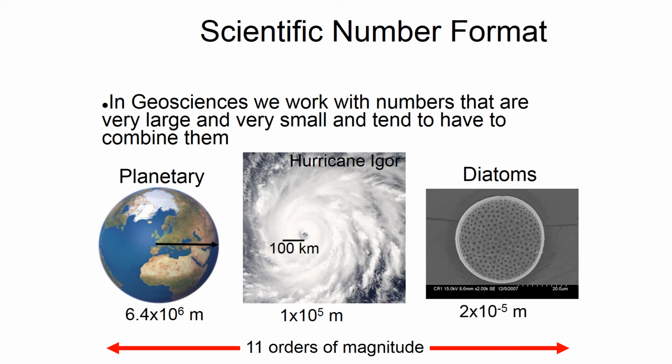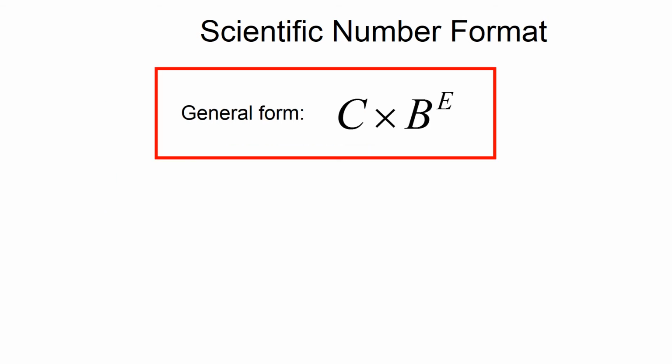But there's 10 orders of magnitude between the size of a diatom and the size of a hurricane. That's a term you might hear quite a lot, as in your answer was wrong by 12 orders of magnitude, a horrible thing to say to students, but probably factually accurate.